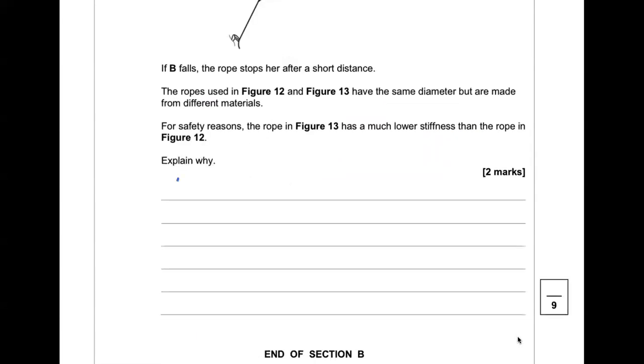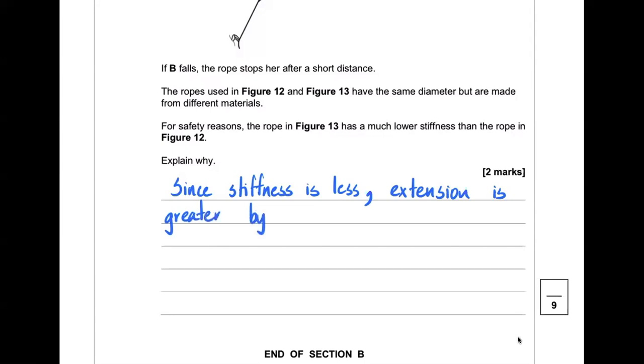Since stiffness is less, extension is greater by F equals K delta L, which is basically Hooke's law.